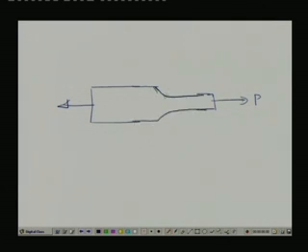This is what we call a fillet. I need not explain much: a smooth transition from the higher dimension to the lower dimension means the stress lines are not abruptly changing, but take a smooth change. Thereby it reduces the stress concentration factor, as you might have seen in the earlier results, that the larger the fillet radius, the lower the stress concentration values.